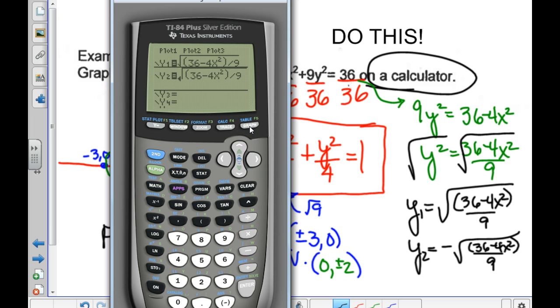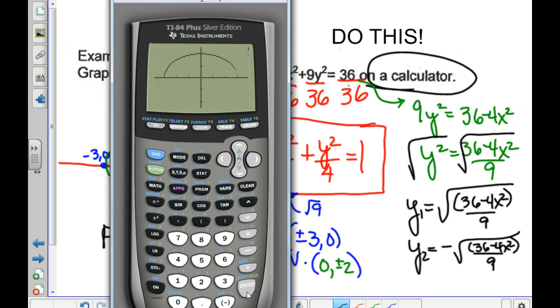If you have an older one, zoom square. If you have an older one, sometimes it will need some extra parentheses, possibly because there's the radical. I could zoom in on this if I wanted to make it bigger.